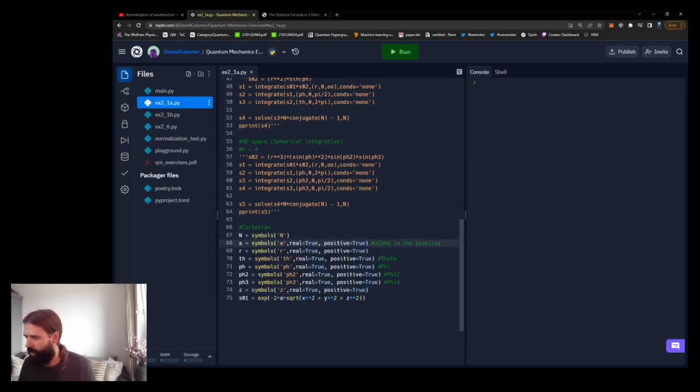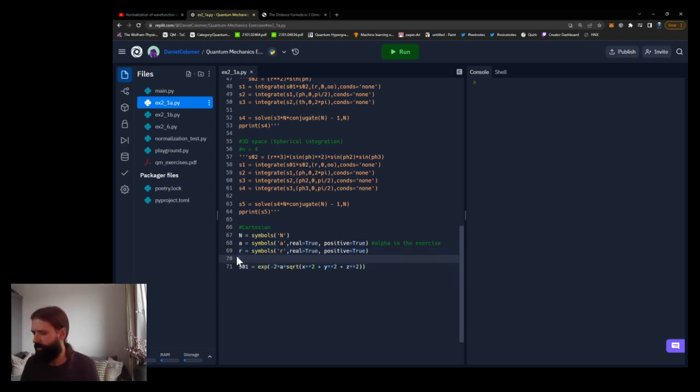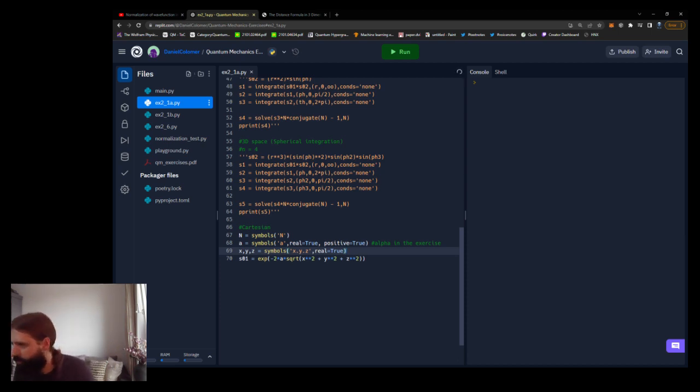We don't define R and all these thetas and stuff like that. So we just define X, Y, Z. I think you can do these. They're real, but they don't have to be positive. So I hope that works.